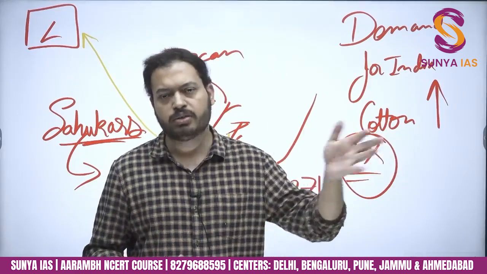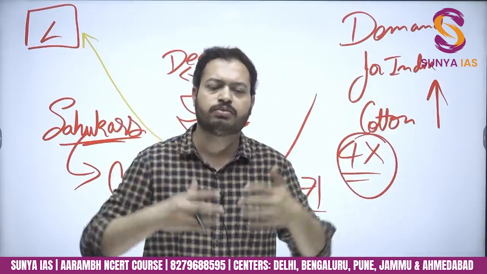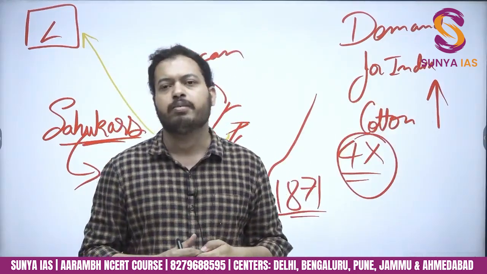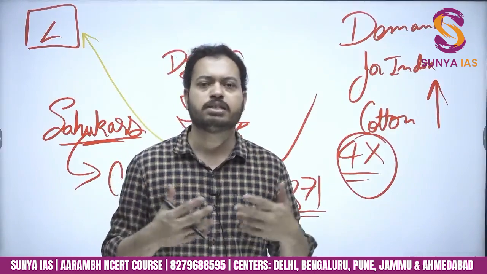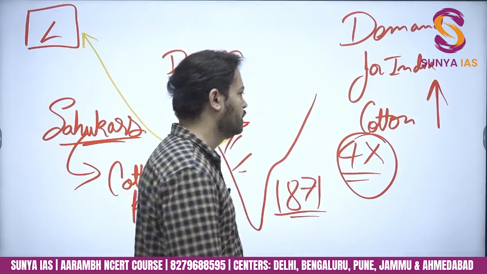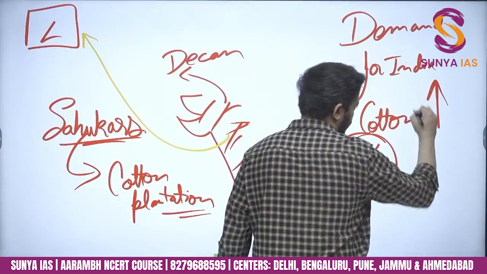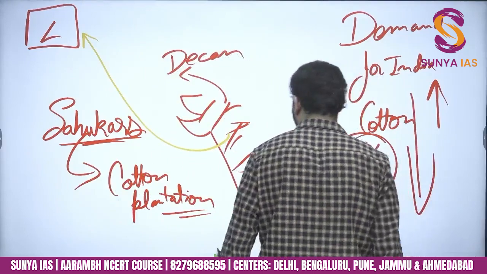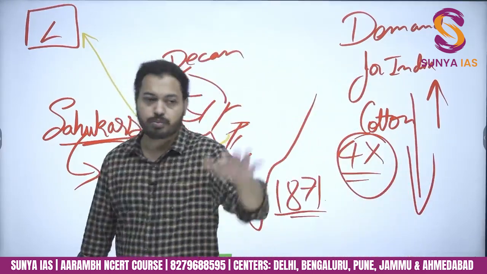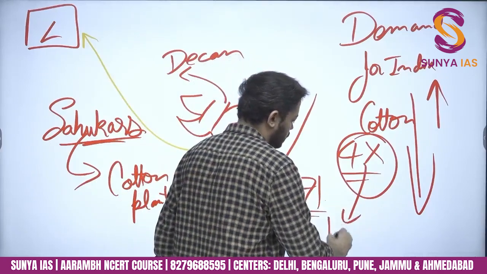The whole trade between the southern states and Mexico, their production also increased in the 5 years after the war ended, and by 1870 they were again sending the same amount of cotton. Because of this, by 1871, the demand for Indian cotton decreased, so the prices went from 4x back to 1x.